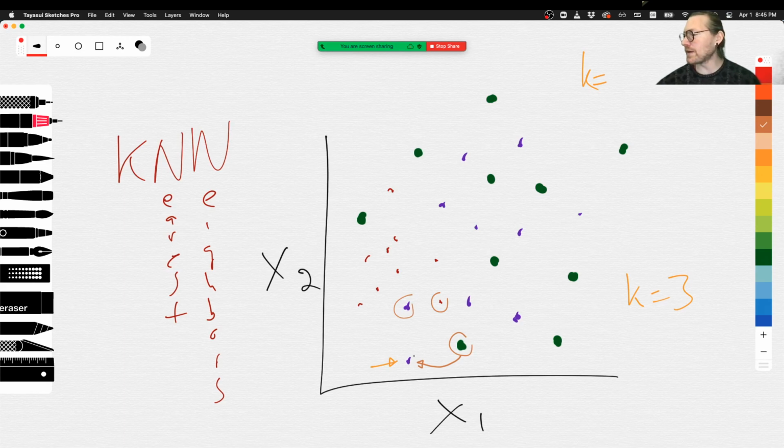And then let's say we look at another one of these. Let's say this one, just so that we can get it right. And we're going to look at the three nearest neighbors. And I think that's them. And out of those, we are absolutely going to predict the correct class, right?